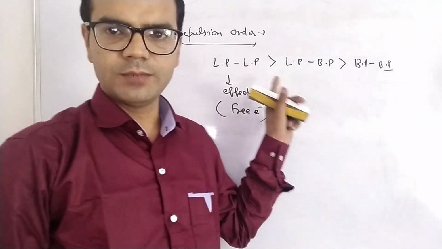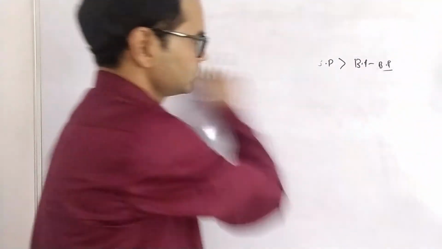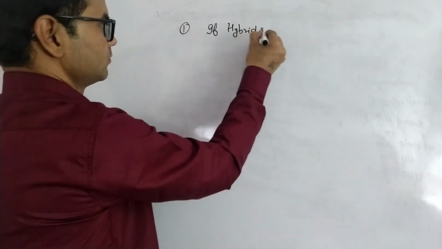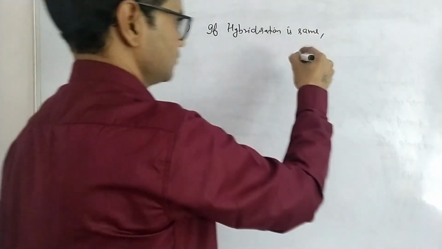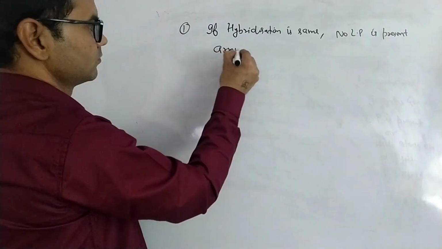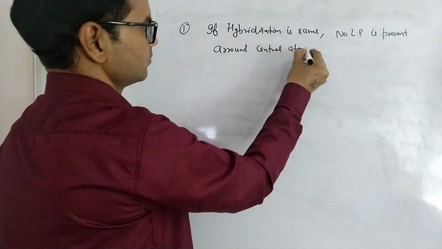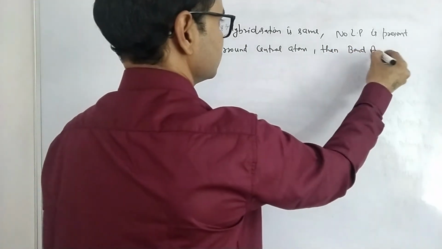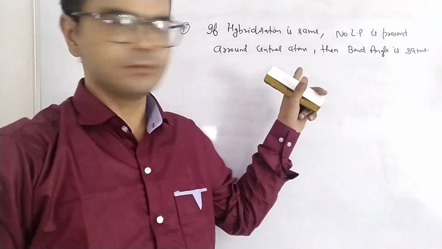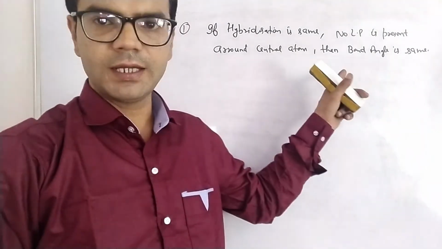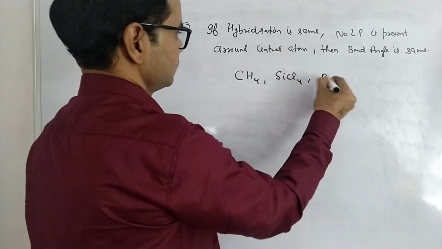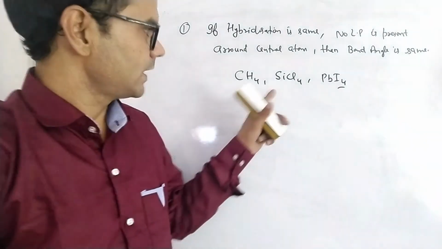So there are some rules, we will discuss them one by one. Rule number one is, if hybridization is the same and no lone pair is present around the central atom, then the bond angle is the same. For example, we have CH4, SiCl4, PbI4.